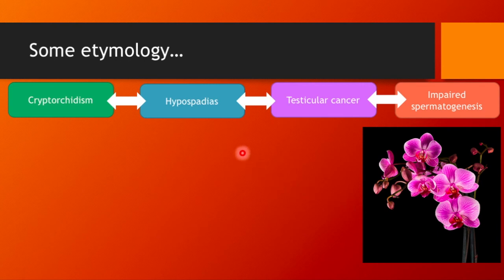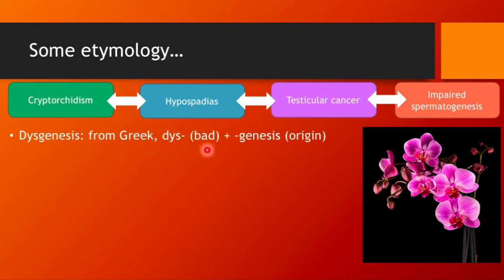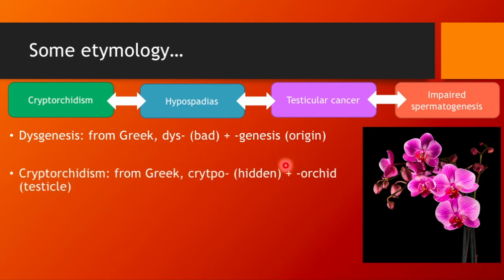So, some further etymology. Let's just gloss over some of these terms before we move on to the treatment. Dysgenesis, coming from Greek, dys, which means bad, and genesis, which is origin. Cryptorchidism. So crypto, meaning hidden, and orchid, meaning testicle. That's why I have the flower here. And it is aptly named because it's a condition in which one or both of the testes fail to descend from the abdomen into the scrotum.